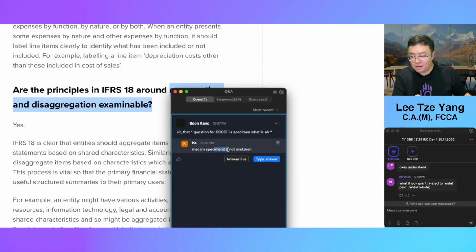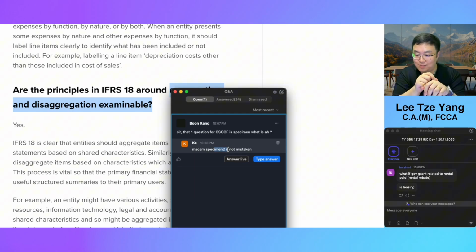Just learn it. Okay, government grant related to rental paid. First of all, I want to ask you how do you treat the rental in your account? Is it under leasing, ROU asset and lease liability, or what? Leasing. Okay, very likely it is operating.